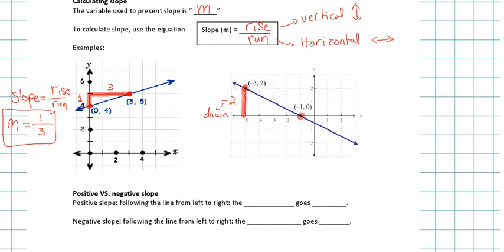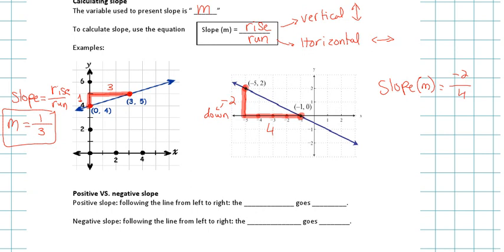Over how much? So that's 1, 2, 3, 4. So down 2 over 4. So what's my slope? -2 over 4. That's your slope.